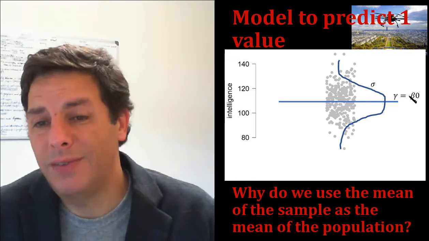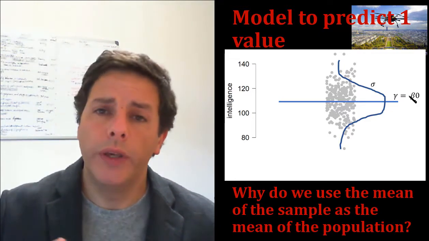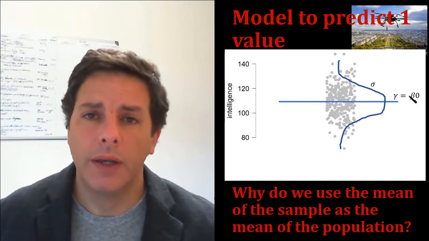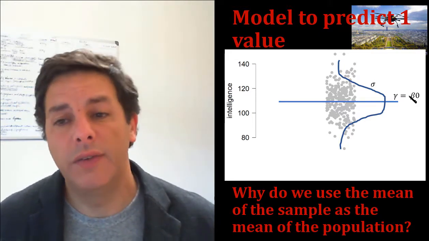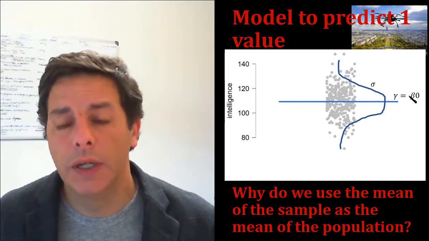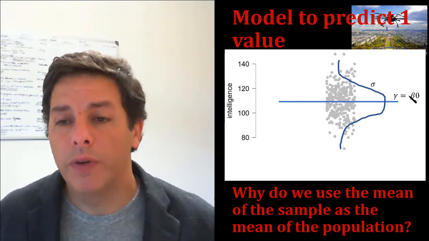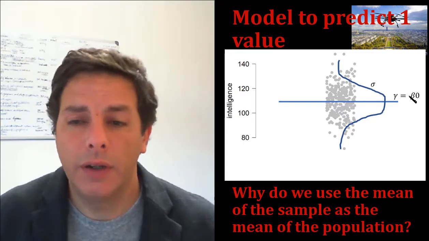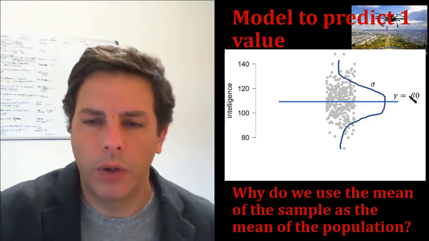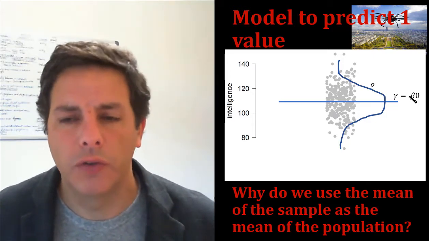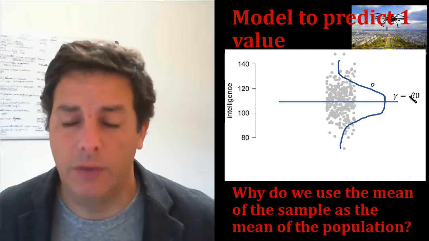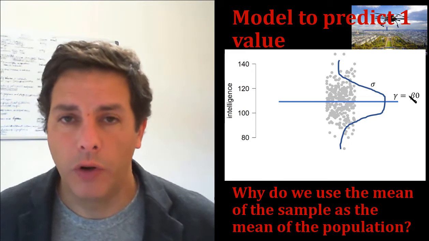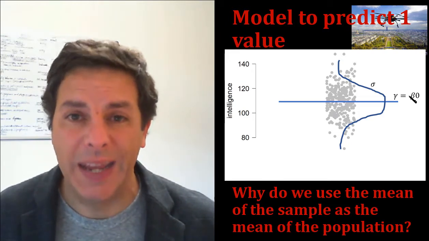Okay, so now we use that assumption. We assume that the mean of our sample is the same as the mean of the population. And then we want to use this model as a predictor model. Here we've got a sample represented by these gray dots. Based on this, we want to predict, if we collect more data, what value we are likely to find.